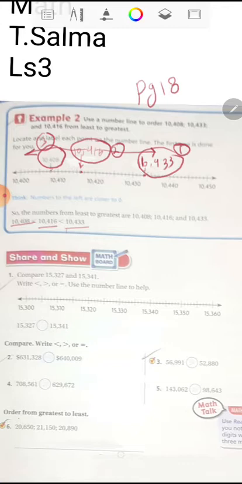So you have to order the numbers from the largest to the smallest, or the opposite, from the smallest to the largest. So this is how you will order the numbers, from the greatest number, this one, to the smallest number, this one.